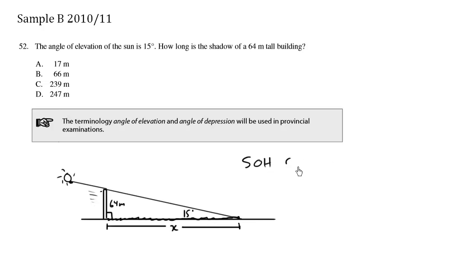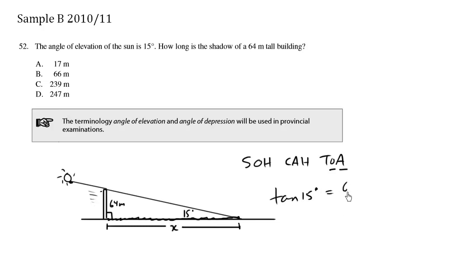SOHCAHTOA. Here's the angle, we have the opposite, and we're interested in the adjacent. Opposite, adjacent. So we're going to use the tangent ratio. Tan 15 degrees, don't use radians, use degrees, is equal to opposite over adjacent.